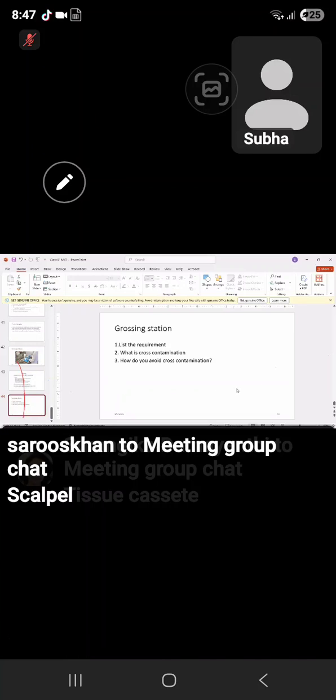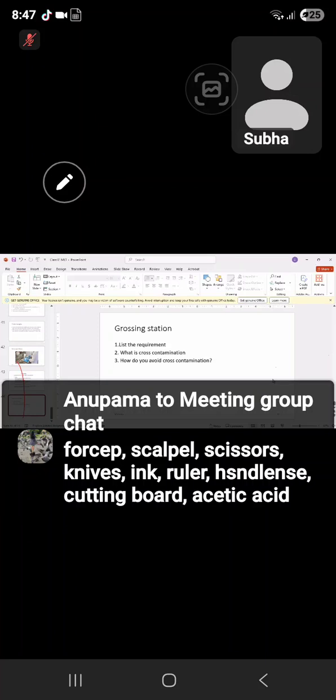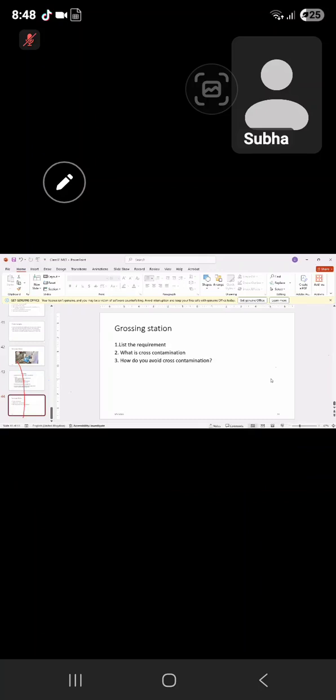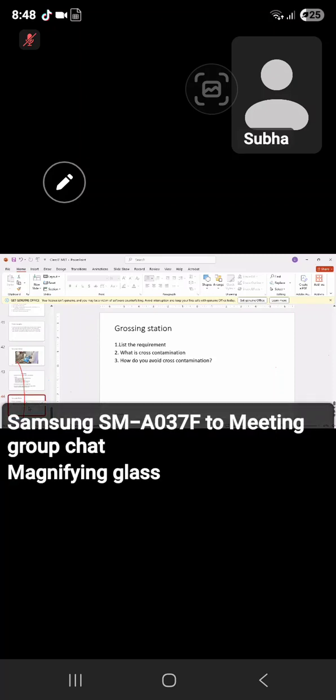Tissue cassette, nice. Ink, ruler, hand lens, cutting board, acetic acid, magnifying glass. Yes, good. Thank you.